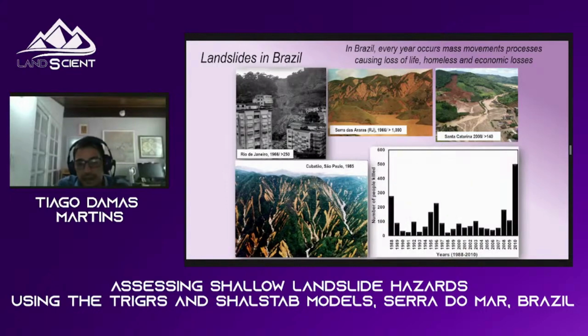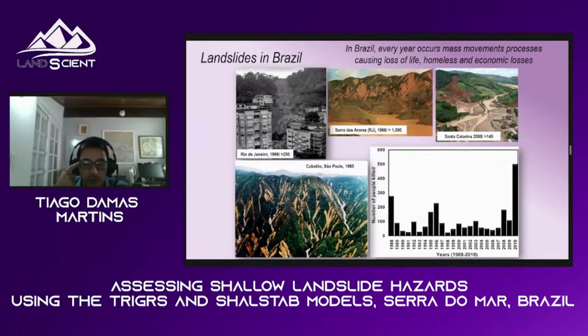And this chart shows the number of people that were killed in these major events from the 80s until 2010. And unfortunately, in the last decade or so, we have registered a number of events that caused loss of lives.